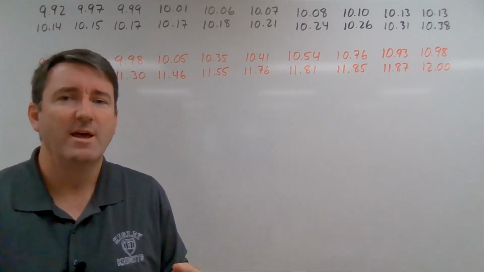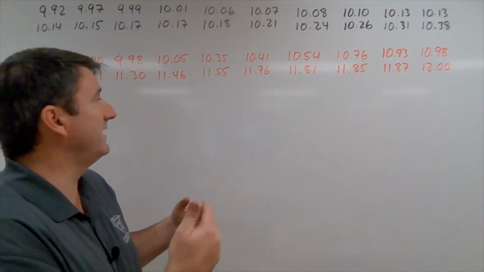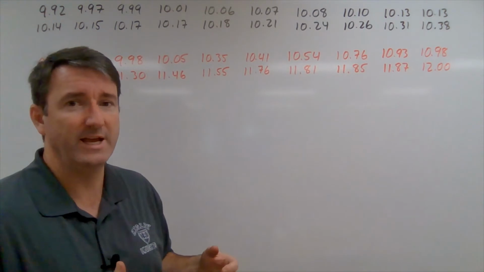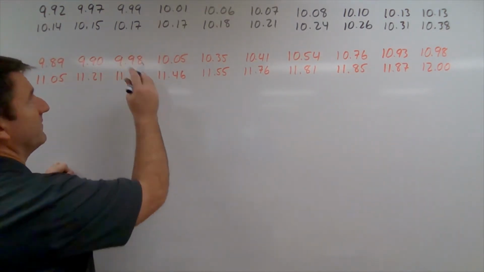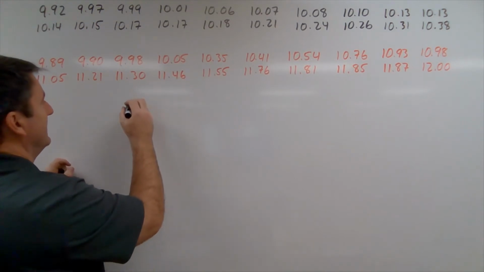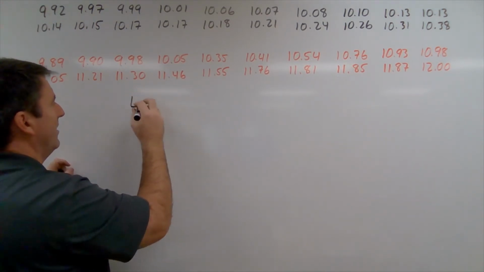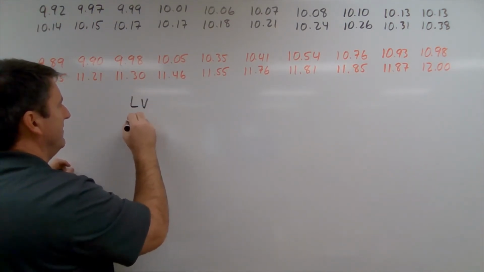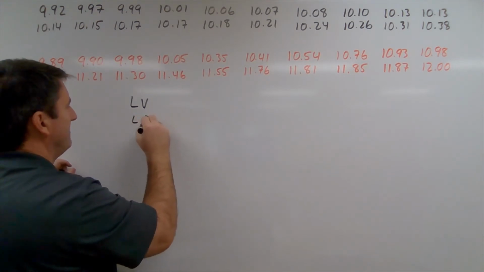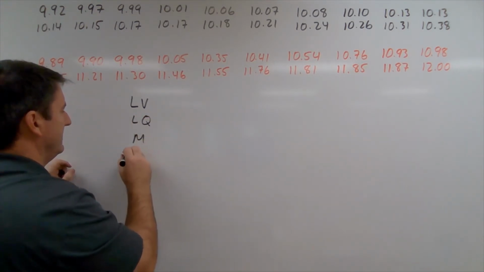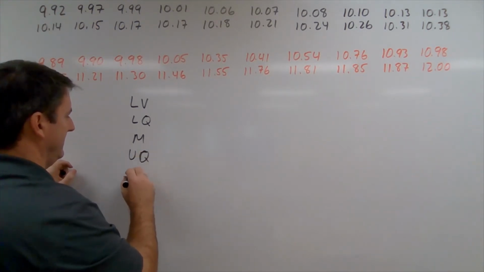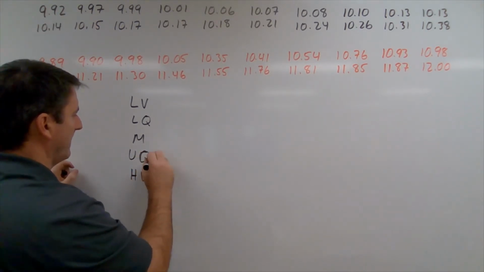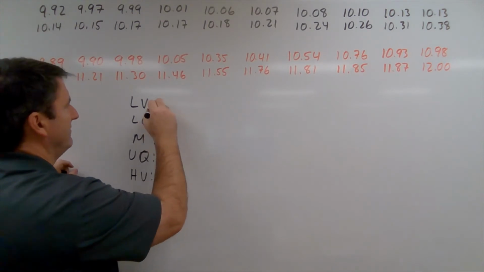So let's start by giving a 5-number summary for each of the data sets. So first, for the black data set, we're going to write the lowest value, the lower quartile, the median, the upper quartile, and the highest value. And that's going to be our 5-number summary.